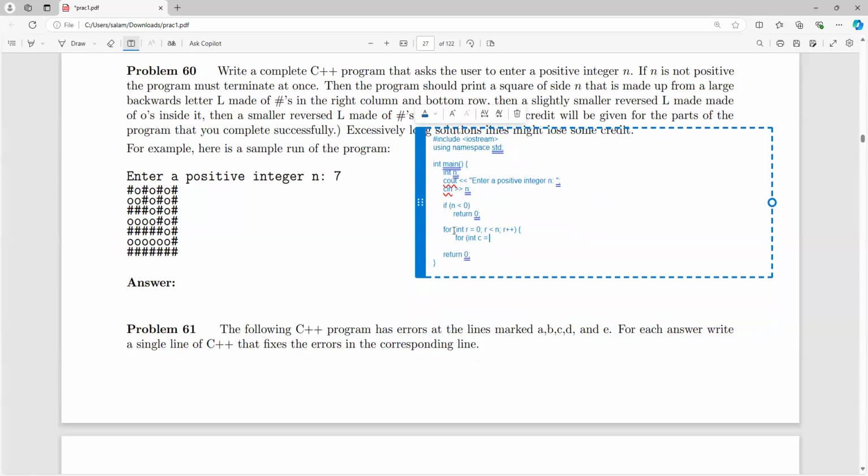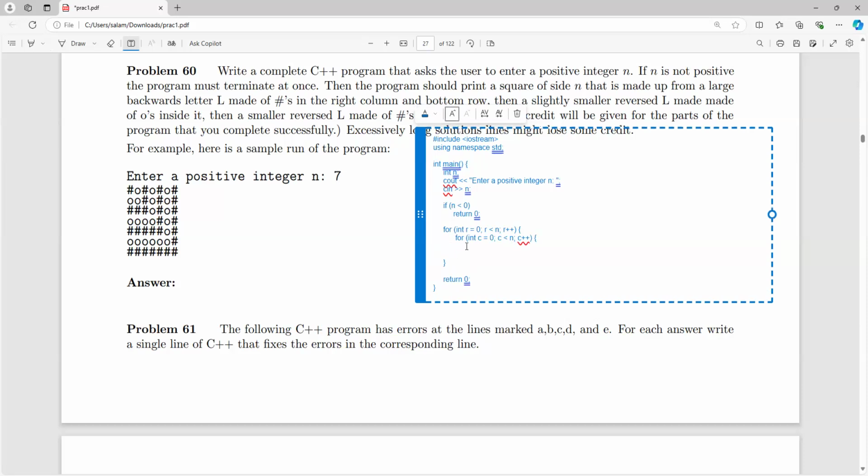For int c equals 0, c is less than n, c plus plus. And we're just gonna have a cout and endl.